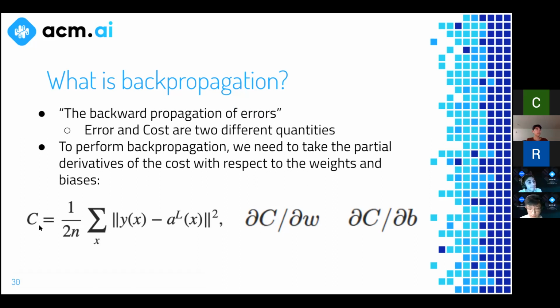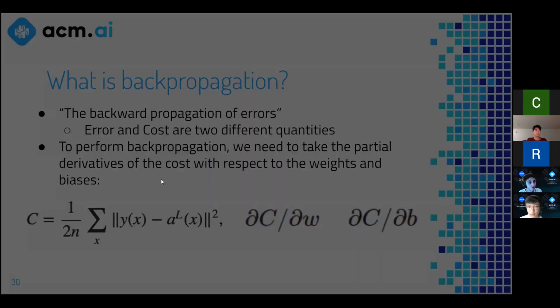Cost is the value you get when you throw your prediction into this cost function, and you get this C value. That's your cost. The error value is something different. We're going to calculate an error for each neuron. And once we calculate those errors, we can use them to update all the weights and biases in the network. And you'll see what I'm saying in a second.